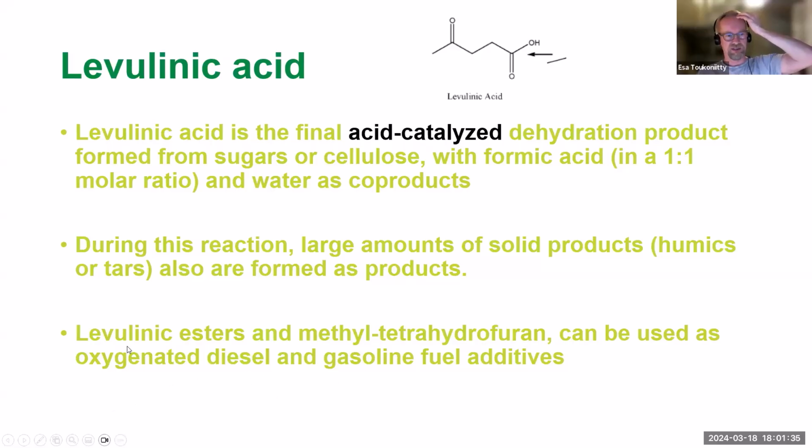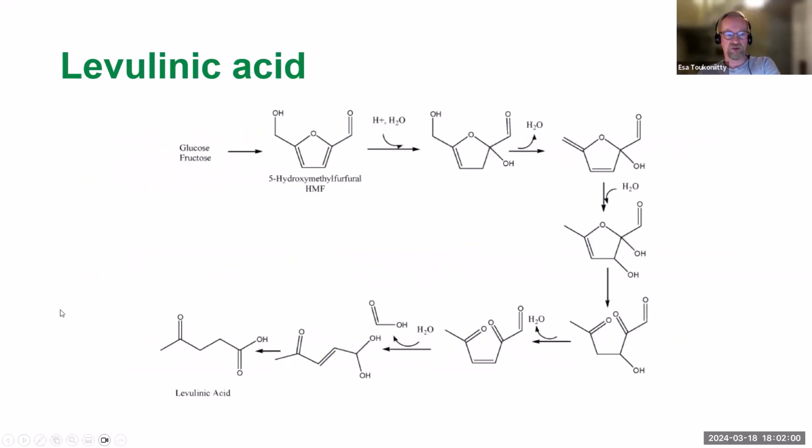On the other hand, levulinic acids can be converted into esters or to some other chemical, methyl tetrahydrofuran, and these both can be used as a gasoline additive. So on one hand, if it goes too far, this might be possible to still utilize.